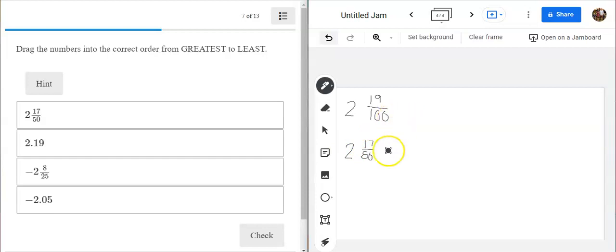I can make 50 into 100 by multiplying by 2. So 50 times 2 is 100, and 17 times 2 is 34. So this is actually bigger than the 2 and 19 over 100 because it's 2 and 34 over 100.